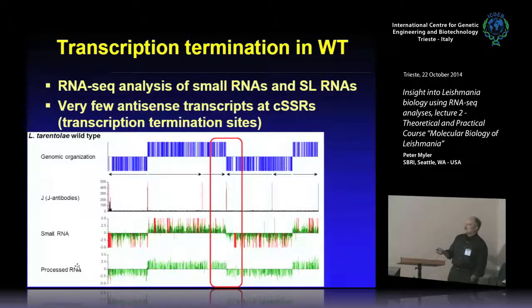What we're measuring here is the green lines, which indicate the number of reads that map to each of these positions. The red lines are where it's gone off scale, so we had more than 50 reads. These are the genes on the top strand, and you see very, very few reads on the opposite strand. So essentially, there's very little antisense transcript present in stable RNA in wild-type cells.